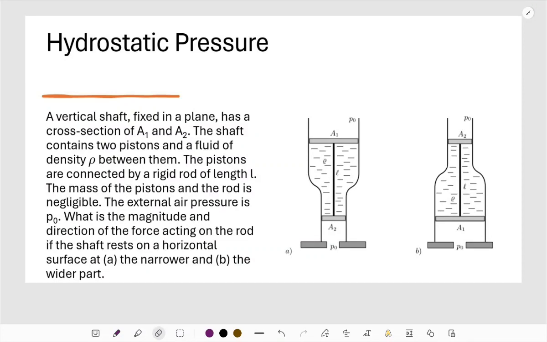And welcome again. You can see one more simple problem, and this is also related to water pressure, hydrostatic pressure. I have written it, and this is a simple problem once again.